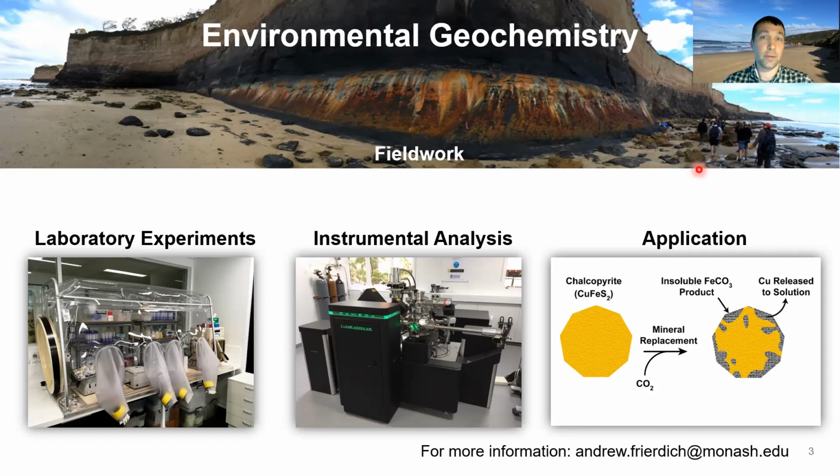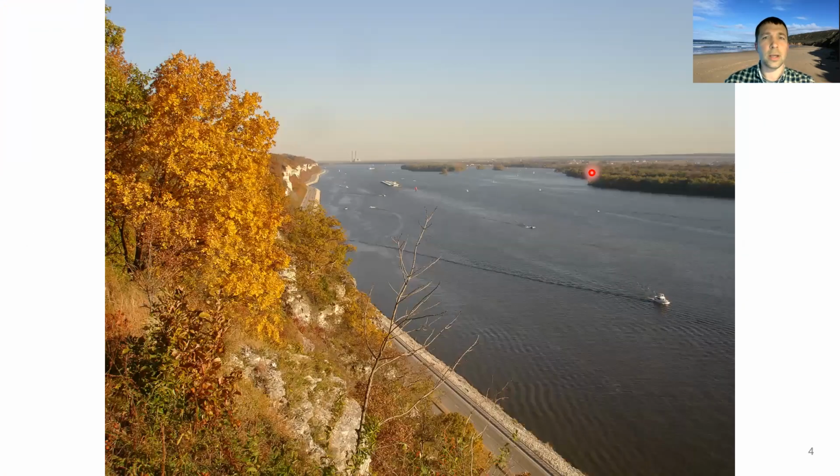We're trying to develop strategies in which we can simultaneously sequester CO2, or carbon dioxide, while also extracting copper. If you have any questions about the research that I do or anything about the unit, my email address is provided here at the bottom. Don't hesitate to send an email if you have any questions or concerns about the unit as we go on.